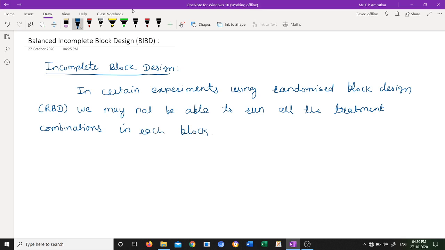Suppose in a certain experiment we cannot run all the treatment combinations in each block. It means some treatments are absent in some blocks.